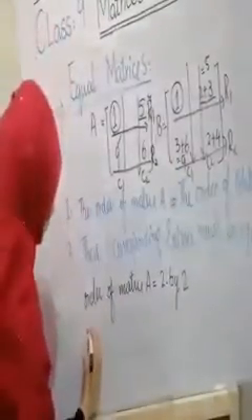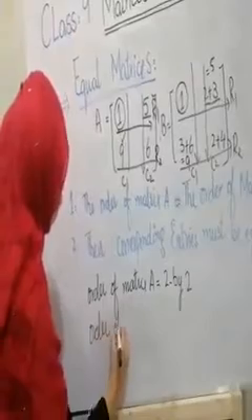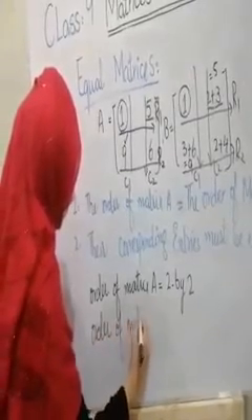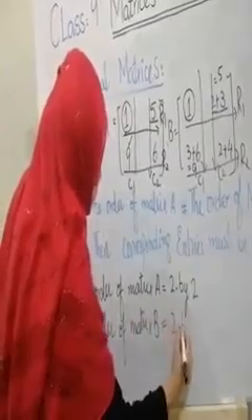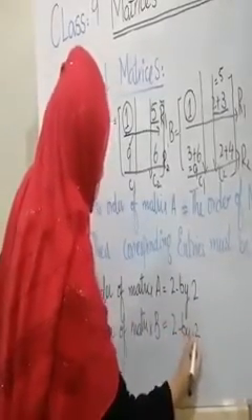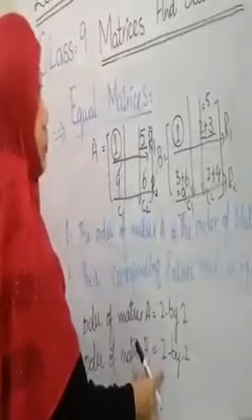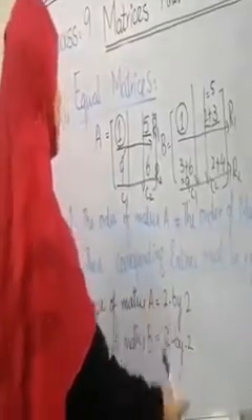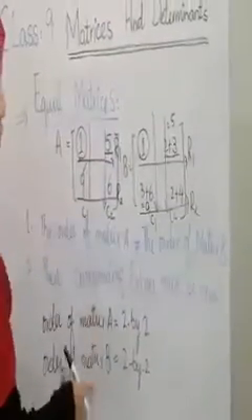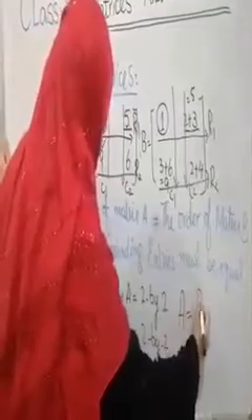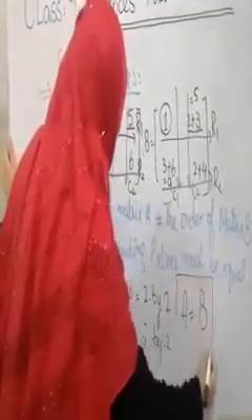So the order of matrix B will be 2 by 2. Keep in mind that you have to mention the number of rows first and then the number of columns. So since these two conditions are fulfilled, we can say that A equals B. Matrix A is equal to matrix B.